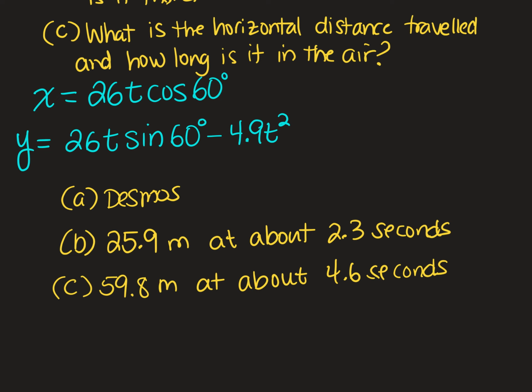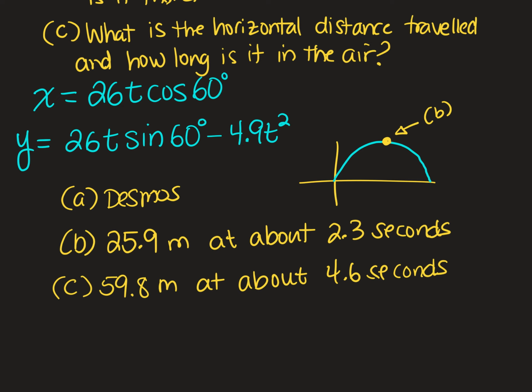Now, for those of you here in class, you can make a little sketch of your path. I'm going to do that because I want to make sure I label what I found. This point right here was our answer to question B. That was our highest point.